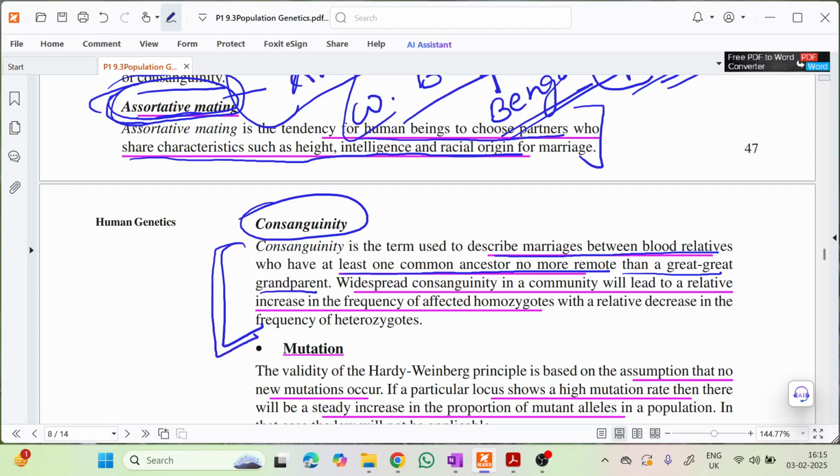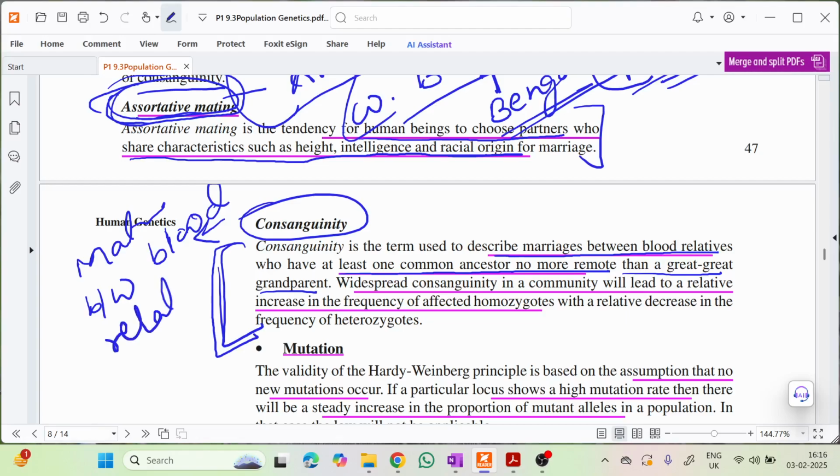So again, consanguinity mean marriage between mating between blood relatives, and this practice, this marriage practice, is prevalent in many societies when people marry their own blood relatives.